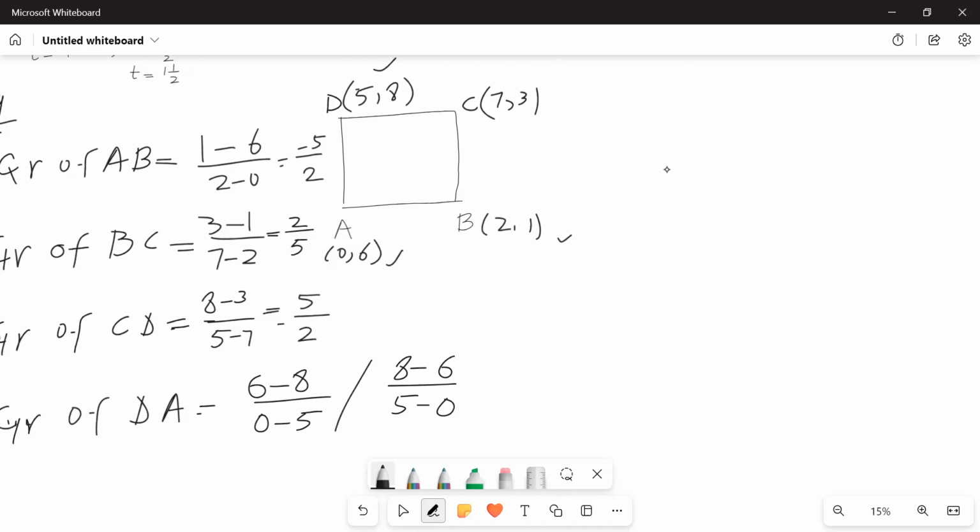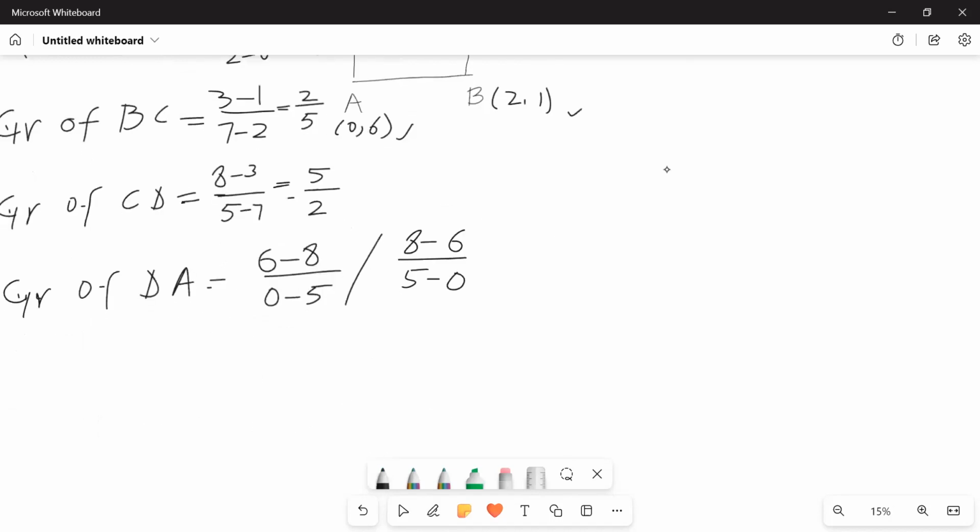Even for all the others, we can take either first and change the order. We will get the same answer. It's minus 2 over minus 5, so it will be 2 over 5. And similarly, if we find it directly, the same answer we are getting. Okay.